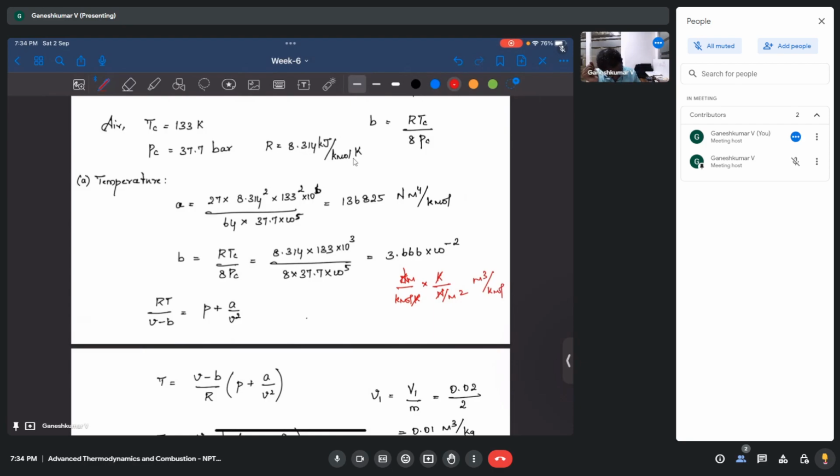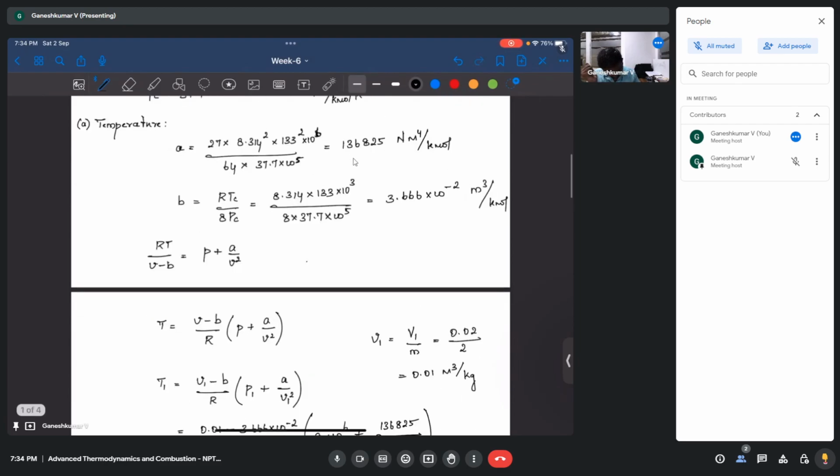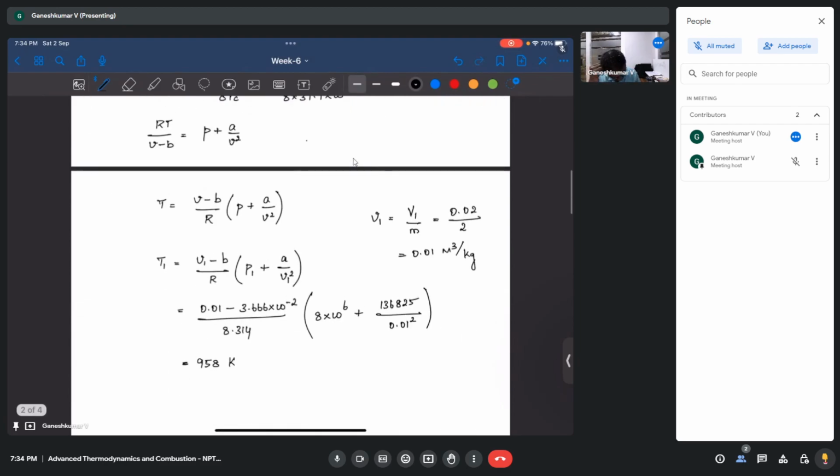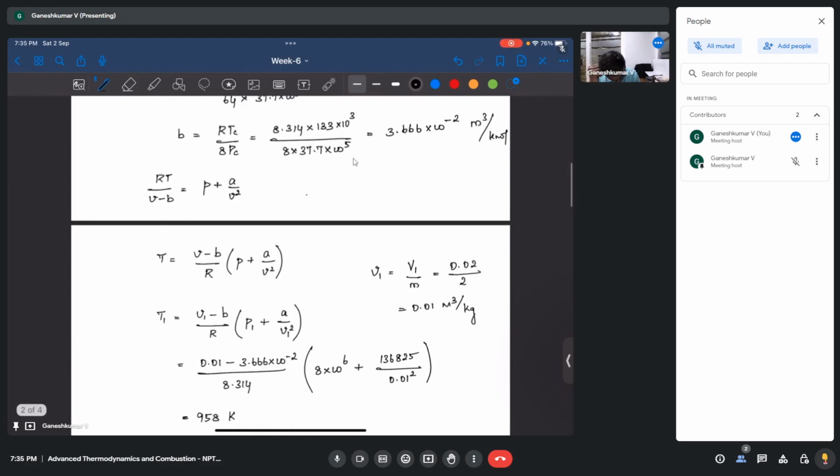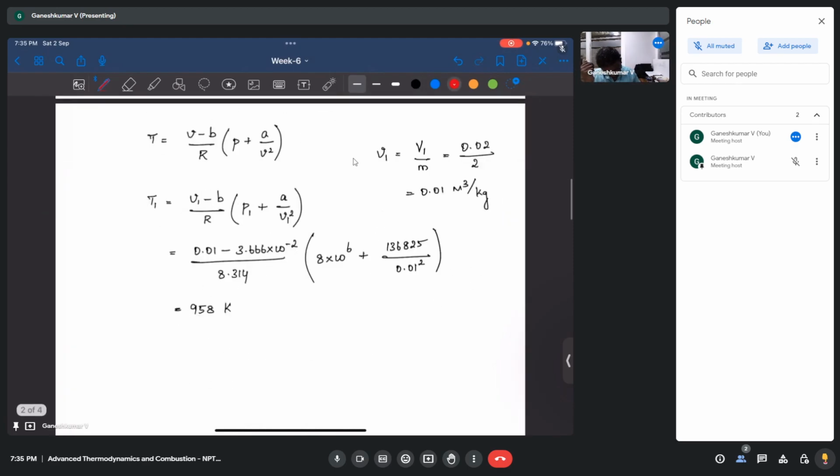Okay, like that. Here also, this is going to be meter cube per kilomole. These two are right. Now, if you substitute it here, you will get kg per kilomole. So P and A by V square should have the same units. So what is here?